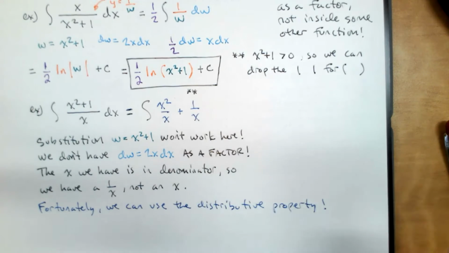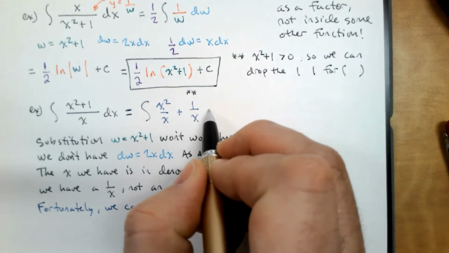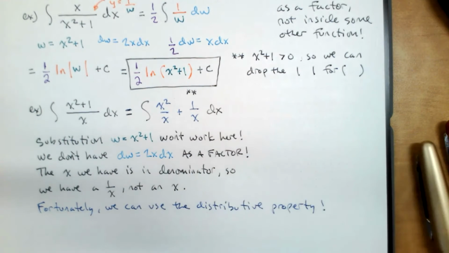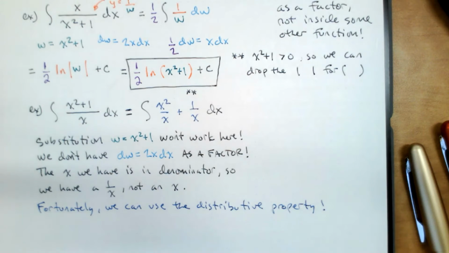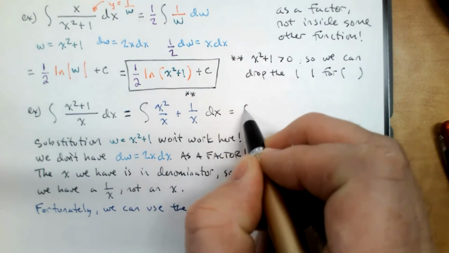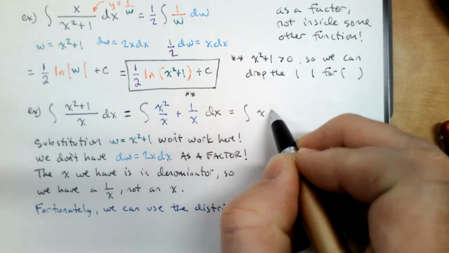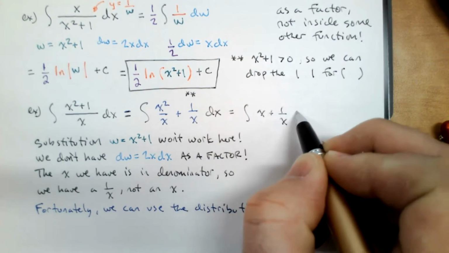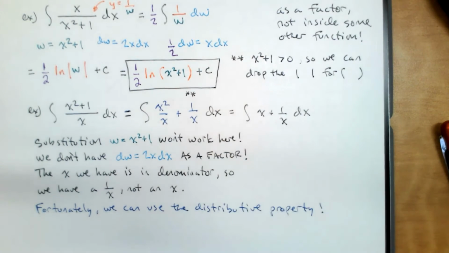Just distribute the over x part. x squared over x we can then simplify. Substitution was not necessary in the beginning anyway.